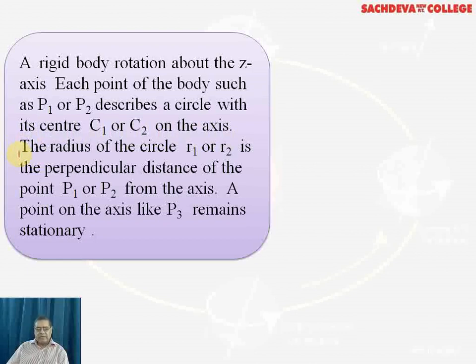And C1, C2 are the center of masses of P1 and P2, and R1, R2 are the position vectors. So radius of circle R1 or R2 is the perpendicular distance of the point P1 or P2 from the axis. A point on the axis like P3 remains stationary.